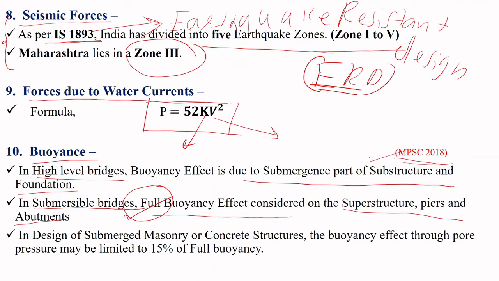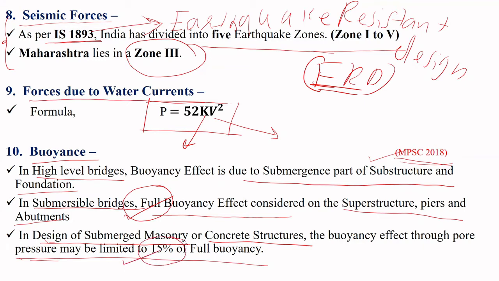Next is the design of submerged masonry or concrete structures. The buoyancy effect through pore pressure is limited to 15% of the full buoyancy. This value is most important.